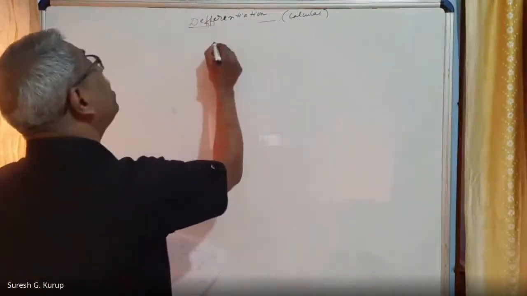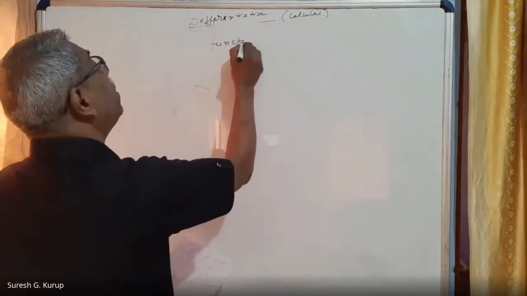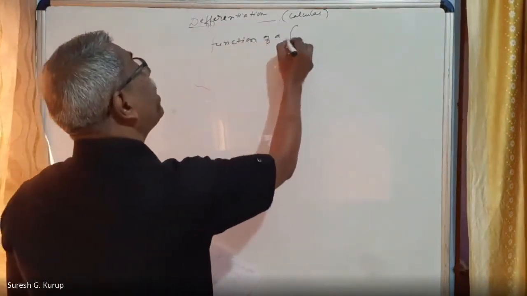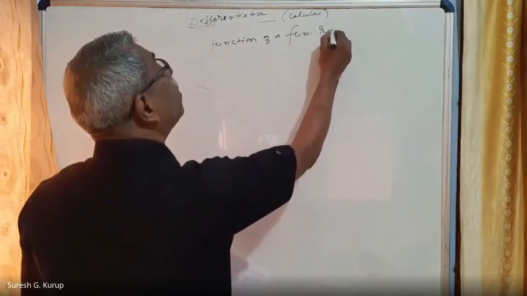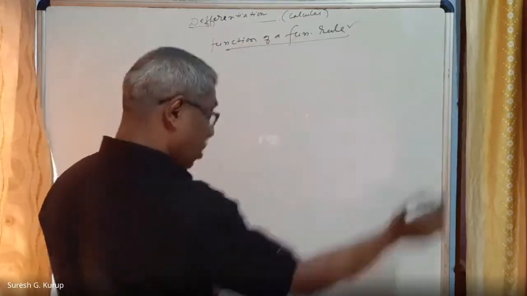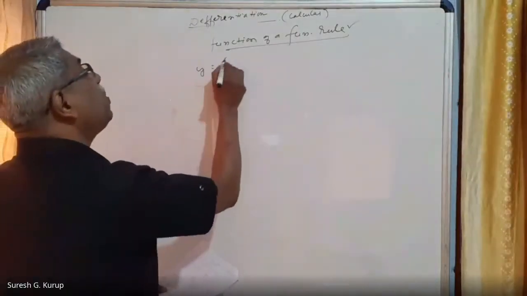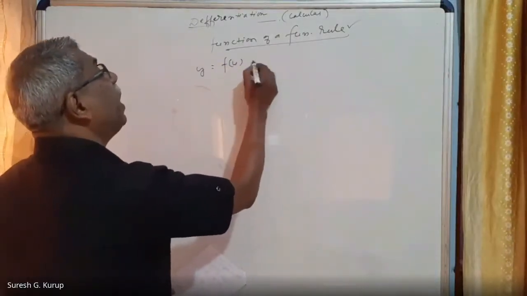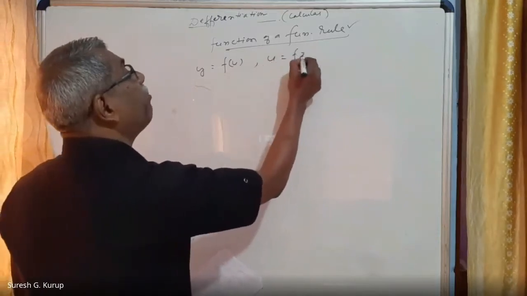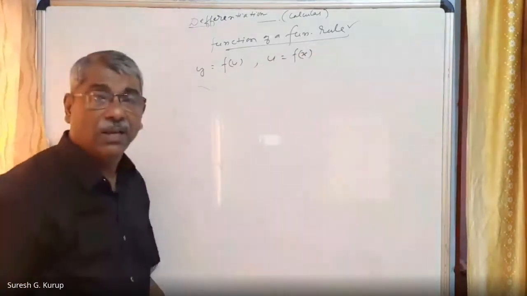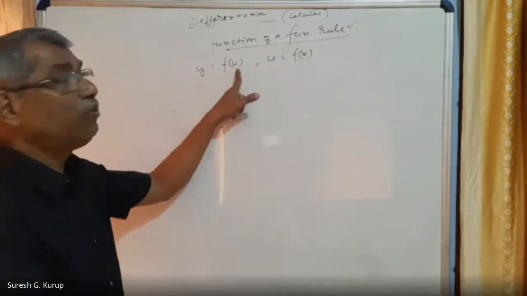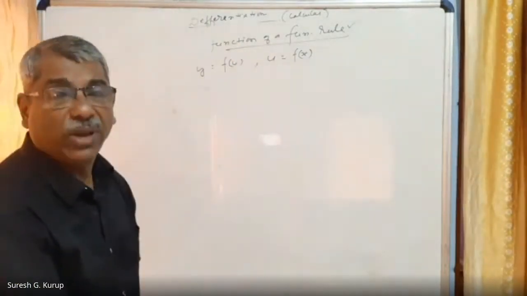Then next is called the function of a function rule. It is also very, very important. This is the case when y is equal to f(u) and u is equal to f(x). Y is a function of u and u is a function of x.